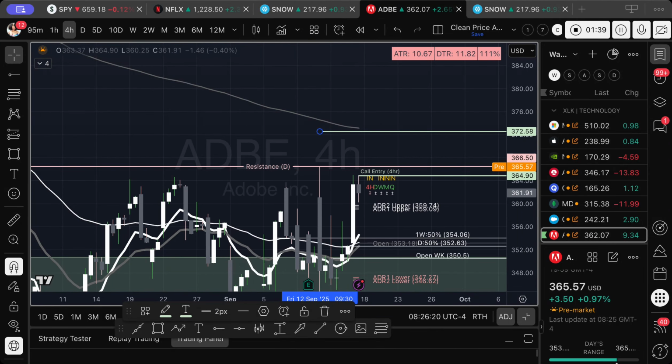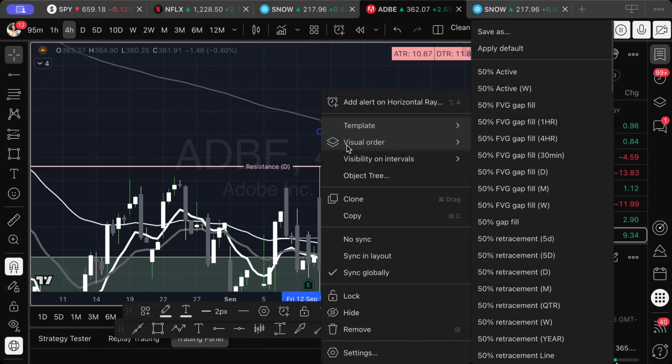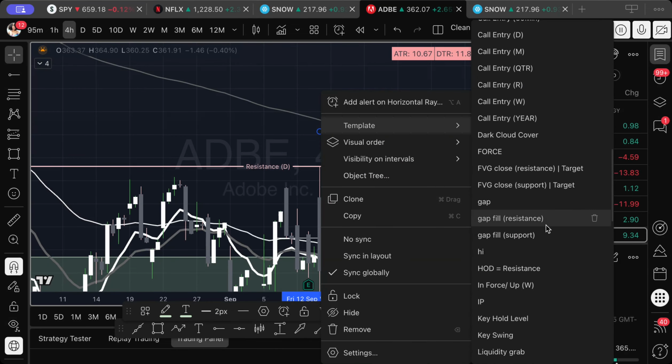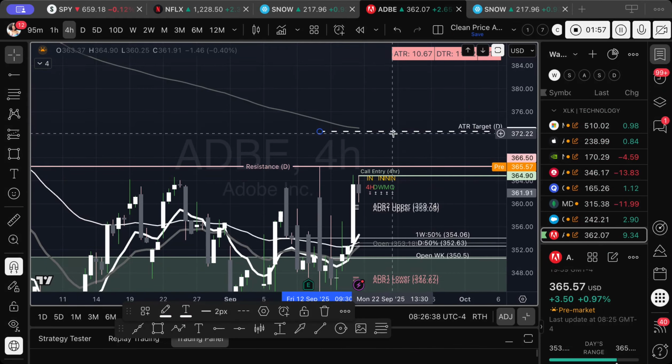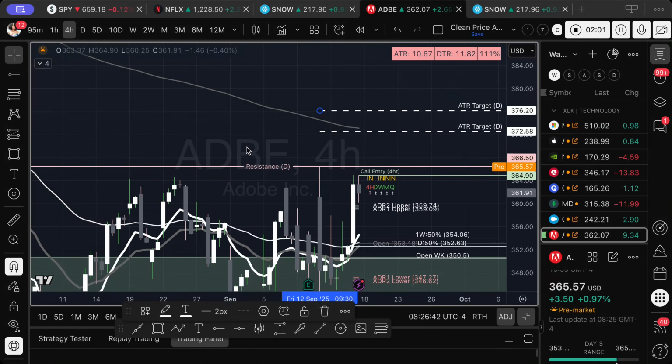And then to the downside, let's see what we get. So to the downside, we're looking at 351.24. All right, let's see here. And then let's just clone that. So 351.24.